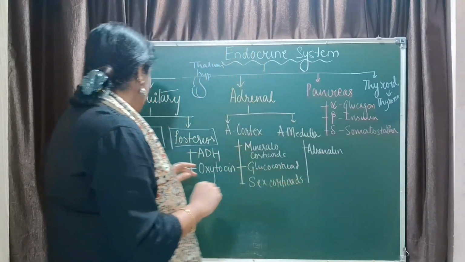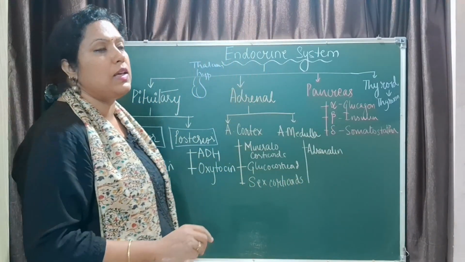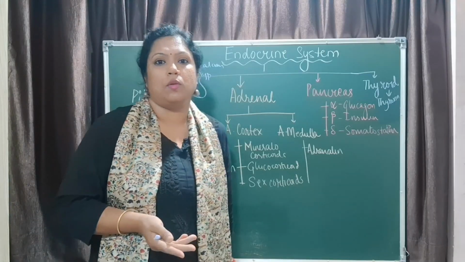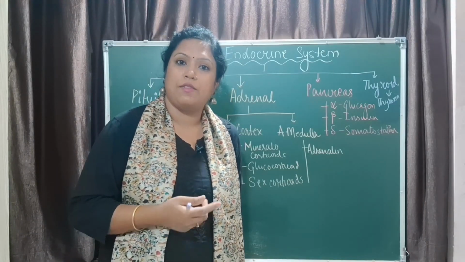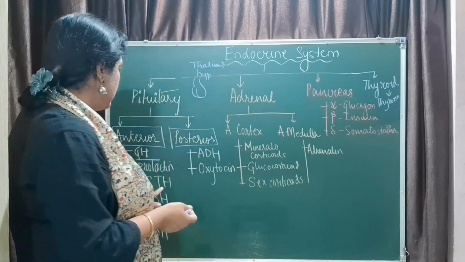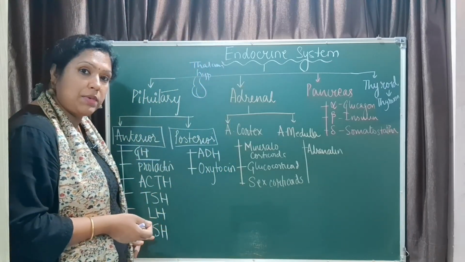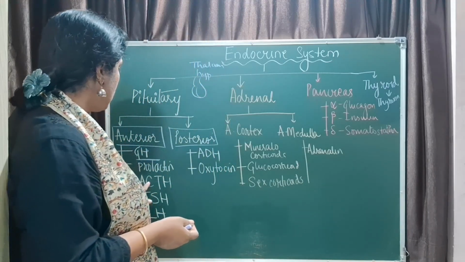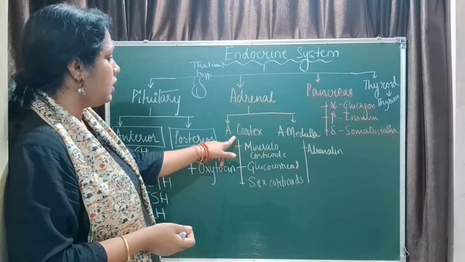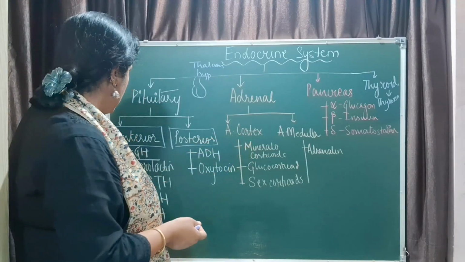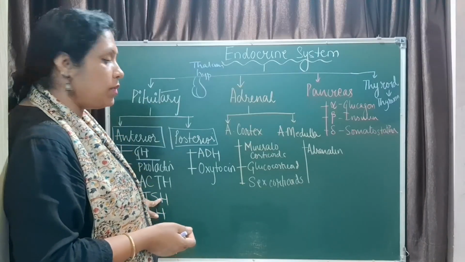Fine. Next one is prolactin. Prolactin is a tropic hormone that is responsible for secretion of milk after the childbirth. ACTH, all the full forms can be asked in the exam. Adrenocorticotropic hormone. It triggers the adrenal cortex. TSH, thyroid stimulating hormone.